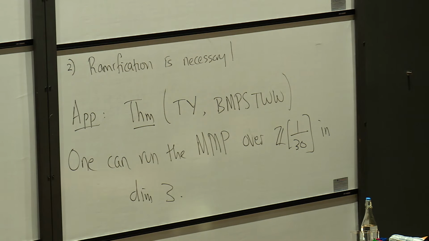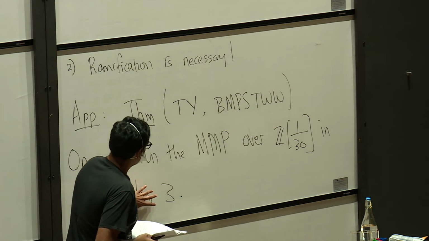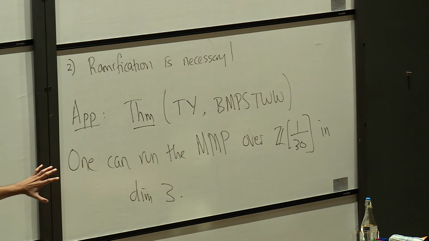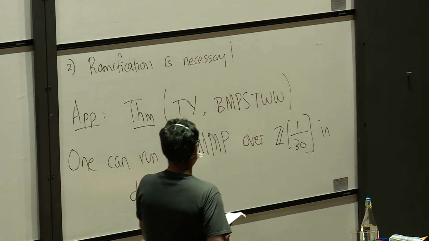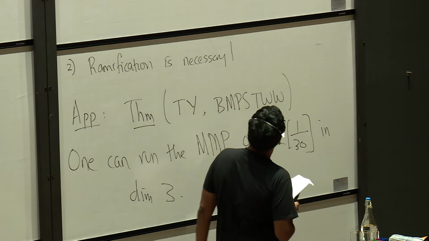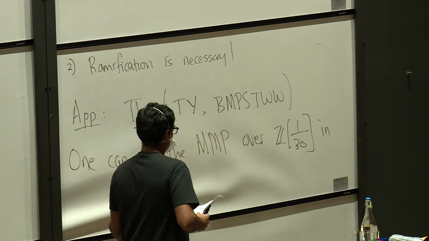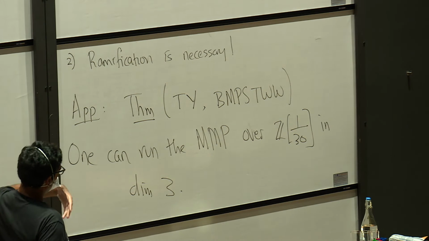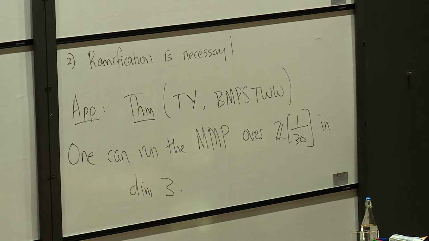The fact that dimension 3 is important is that one of the key ingredients in all this work in birational geometry in characteristic 0 is resolution of singularities. And that's, as far as I know, still open. So that's where that restriction comes from, and this is related to some other techniques. But at least we have some handle on the birational geometry of threefolds in mixed characteristic, meaning surfaces over the integers.